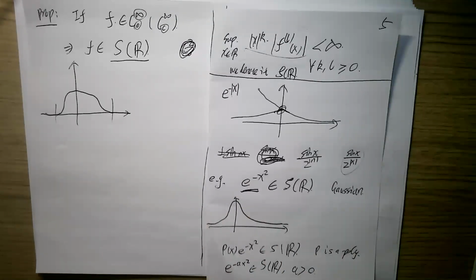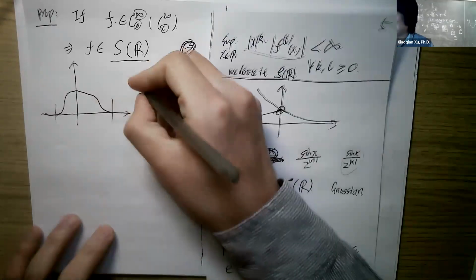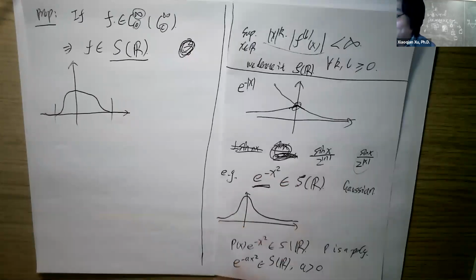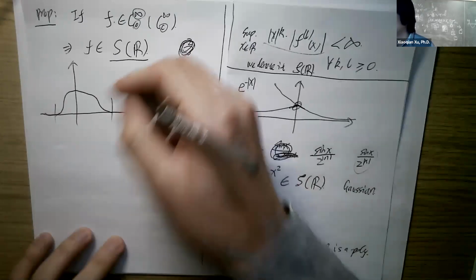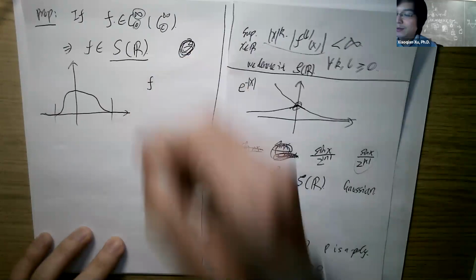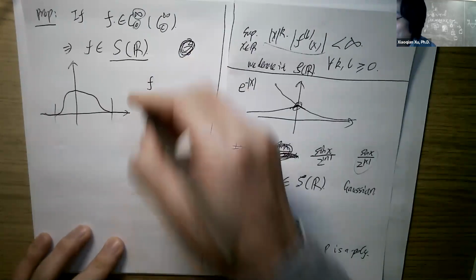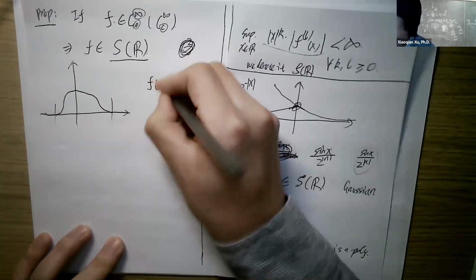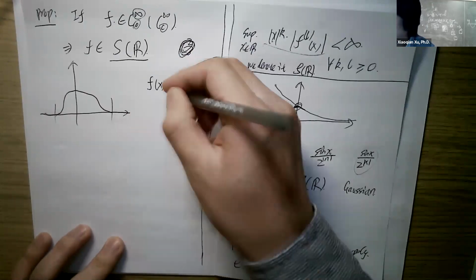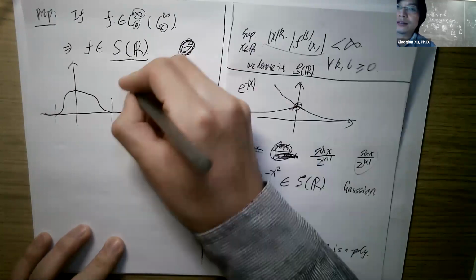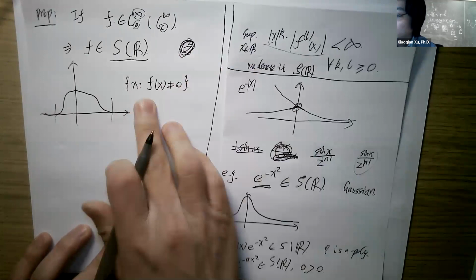Sorry, could you explain the meaning of compactly supported again? Maybe this may be somehow confusing. So let's make it this way. For those x where f(x) is not equal to 0, this is the so-called support of your function.